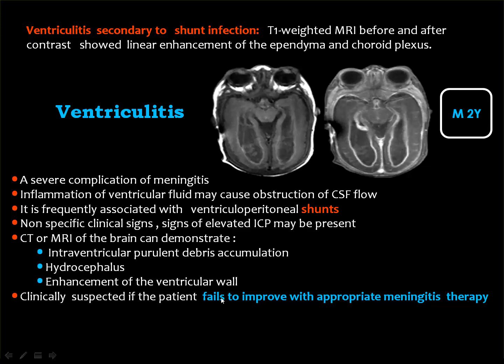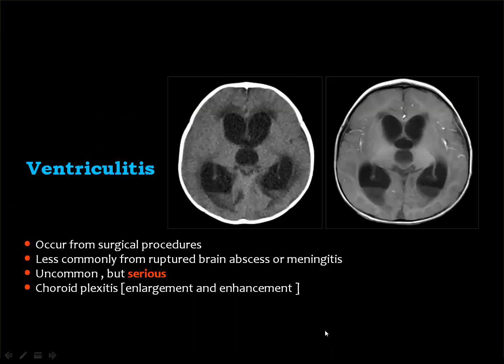Sometimes, if the patient had meningitis and you give him the proper treatment, but he is not improving, you suspect that this meningitis has reached the ventricle and that the patient has ventriculitis. And ventriculitis is a very, very bad disease. It is very resistant to treatment.